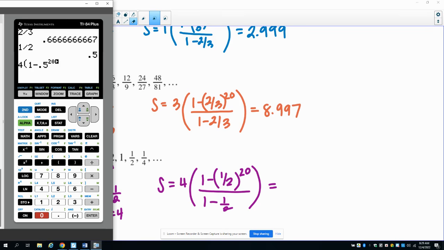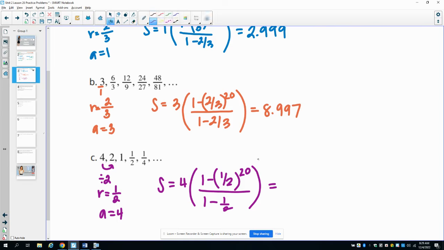If you type it in as 1/2, the fraction, you would, but as 0.5, you don't. And then divided by 1 minus 0.5. And then that'll give you the decimal of 7.999.